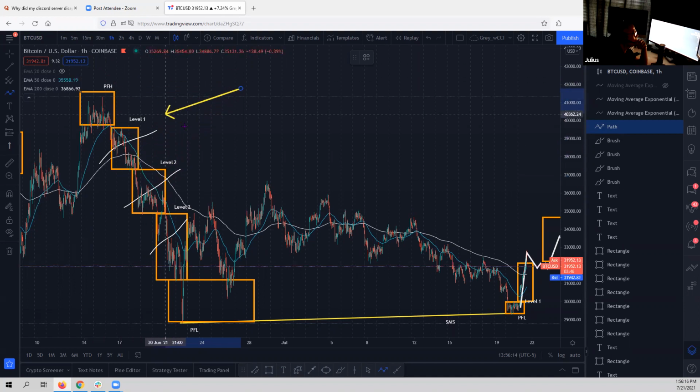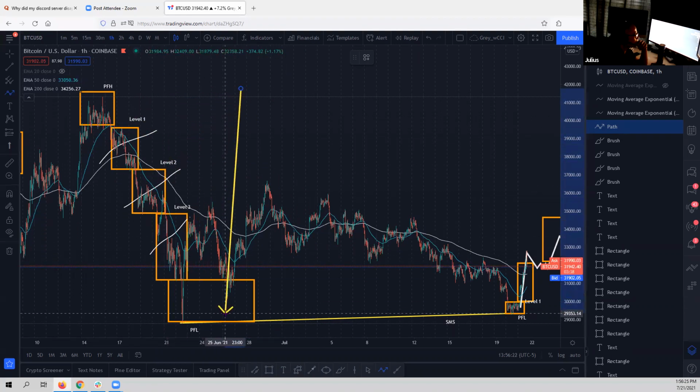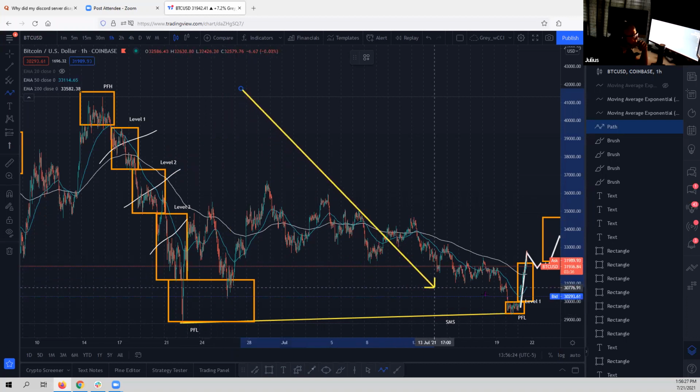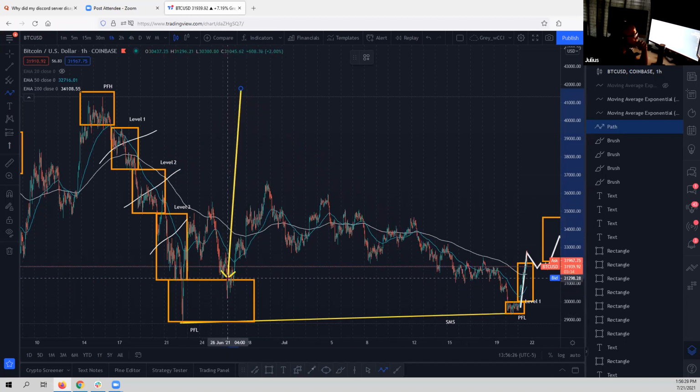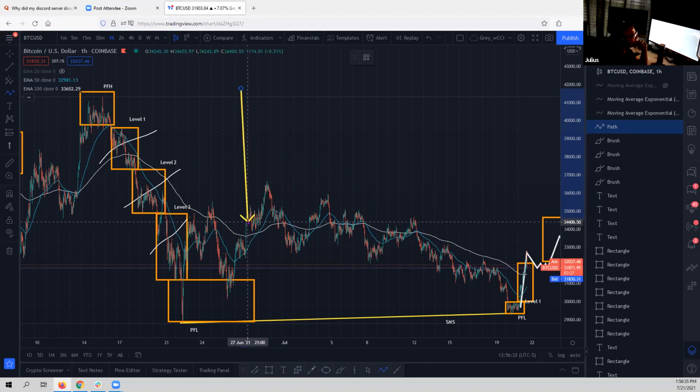Since your bias direction is for a bearish trend and order flow is all bearish, we should expect 2, 3 levels, right? Now, on a counter trend, look how many levels you went up. This is peak formation, right? Here's level 1, here's level 2, and then this is quite possibly level 3.